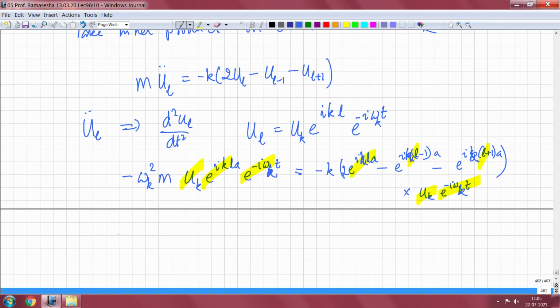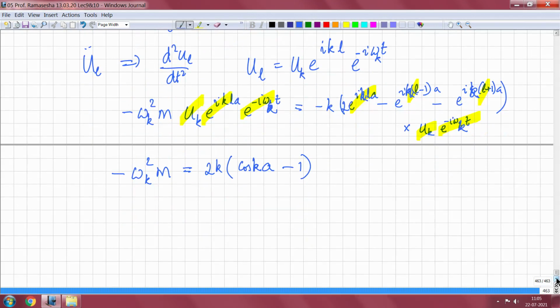So when I do this, I get minus omega_k squared m is equal to 2K times cos k a minus 1, because the e to the i k l a goes away on both sides. So I can write omega_k squared is equal to 2K by m into 1 minus cos k a.